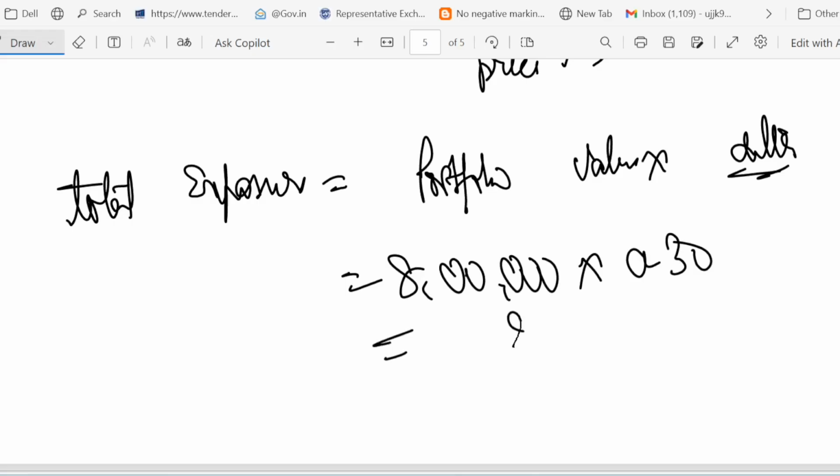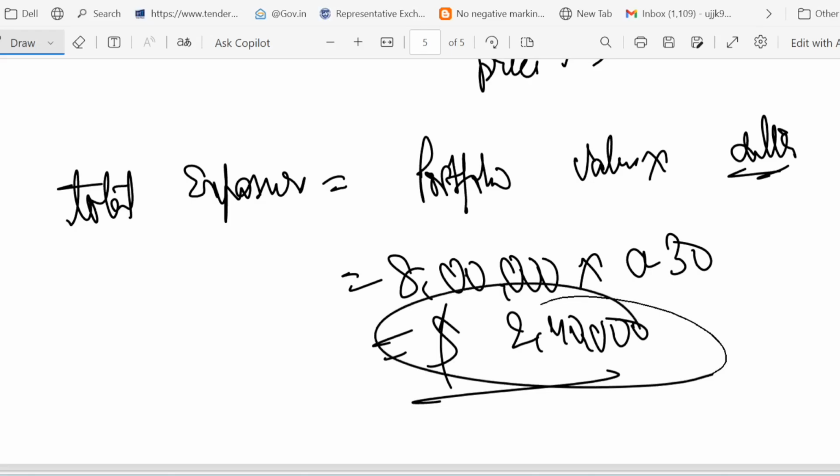How much would that be? That would be $2,40,000, isn't it? So this means your portfolio behaves as if you own $2,40,000 worth of the underlying stock.